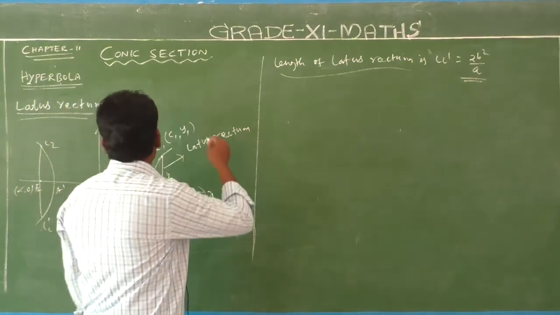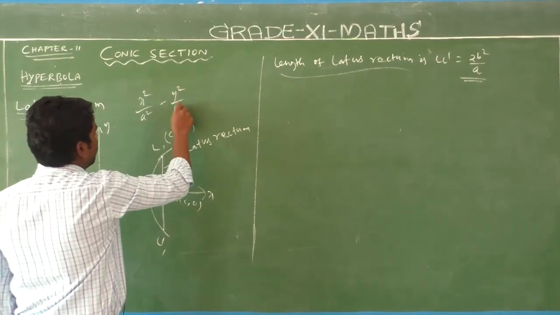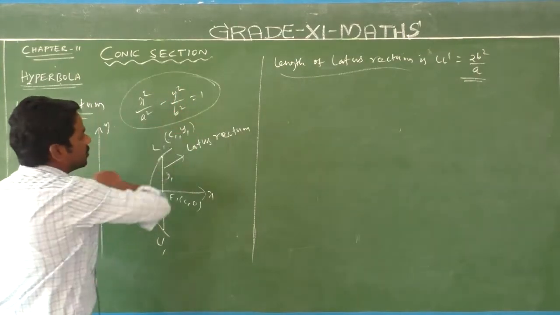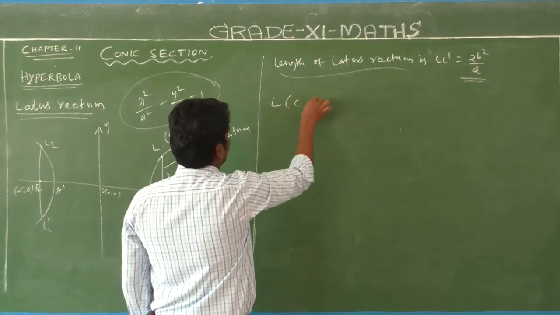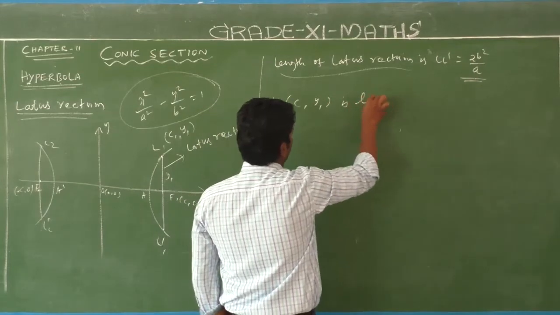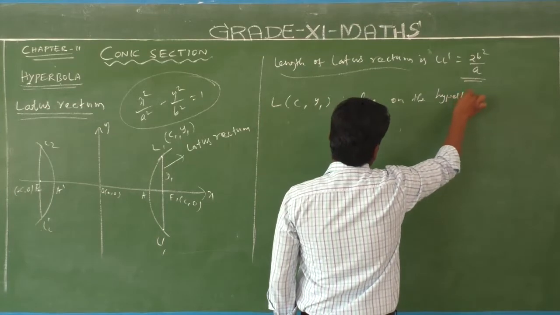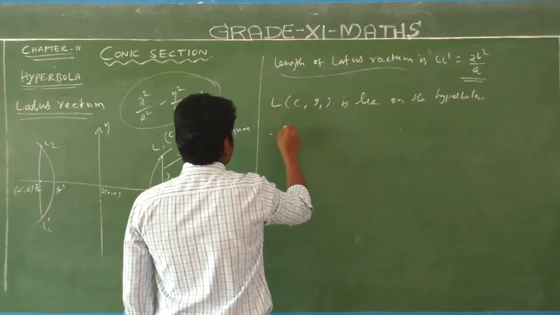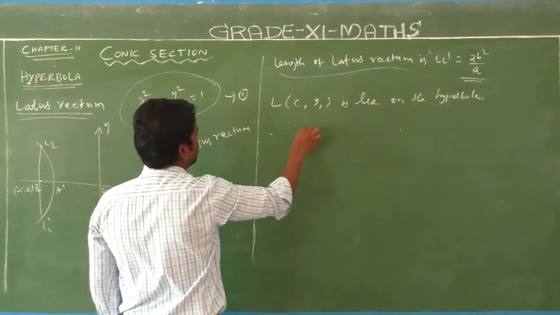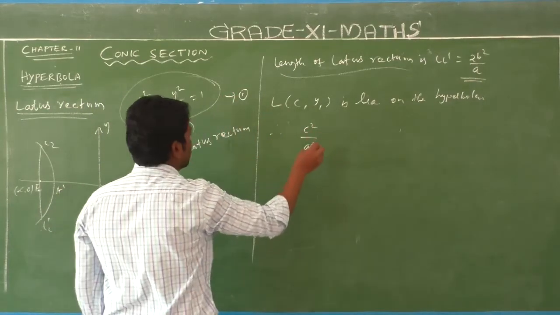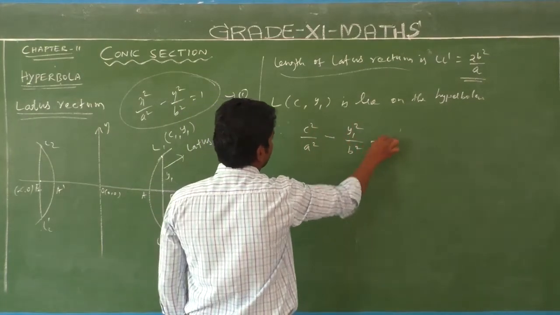The equation of the hyperbola is x squared by a squared minus y squared by b squared equal to 1. The endpoint of the latus rectum, c, y1, lies on the hyperbola, so we substitute it in this equation 1. With x equal to c and y equal to y1: c squared by a squared minus y1 squared by b squared equal to 1.